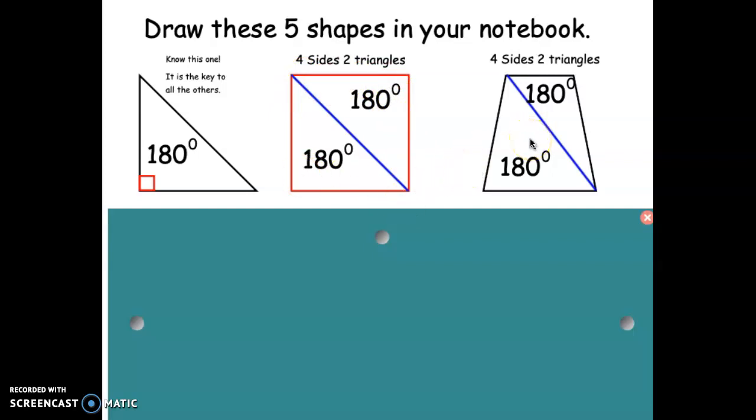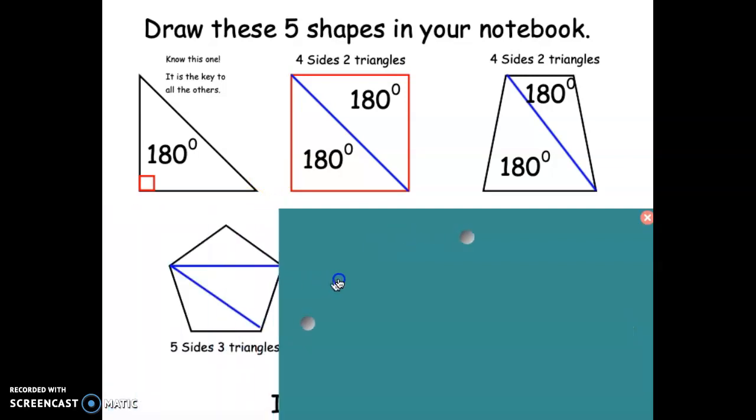All right, here we have another 4-sided shape. Again, this one has 2 triangles, and we know that each of these triangles has 180 degrees of measure. So this 4-sided shape has 360 degrees of measure. Now if we continue down here, we have 5 sides, and we have 3 triangles.